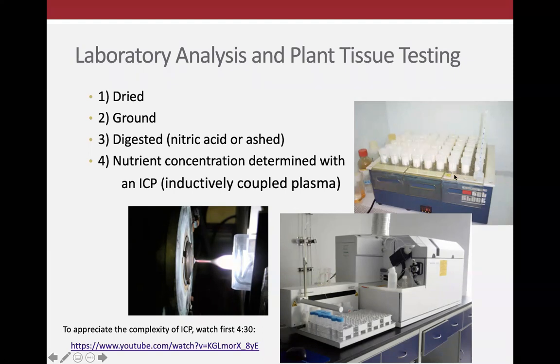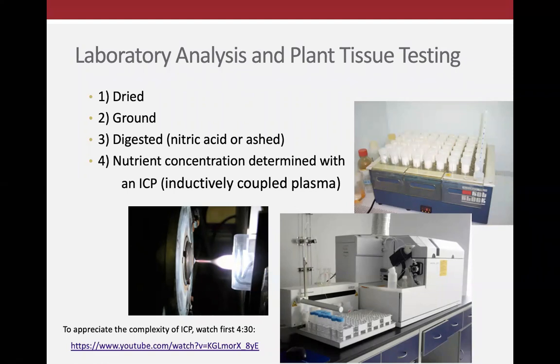Once it's ground, you add this concentrated nitric acid and essentially digest all of the solid materials into a liquid phase. Okay. Other ways, sometimes they will actually ash, so they'll essentially burn off the sample and have just the ash. That would be an alternative to the digestion.